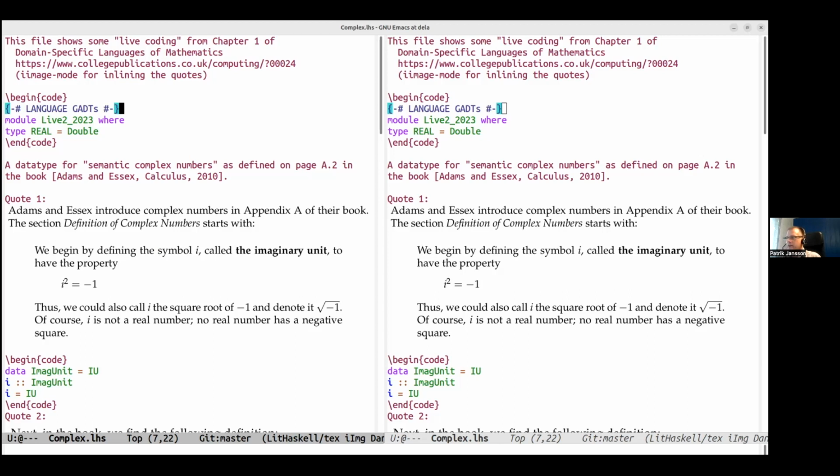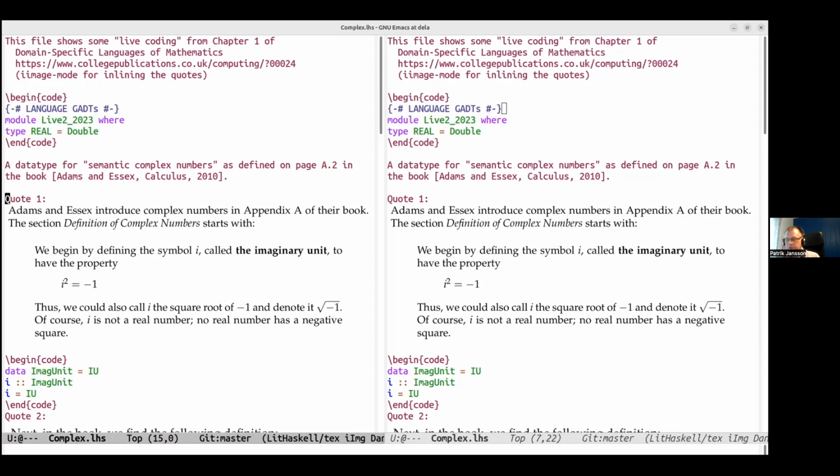I'm trying to find anything which seems strange and trying to really read every letter and find out what it means. So the first quote here, and the aim of this is to introduce some Haskell and some coding, and after half of this appendix of complex numbers, we will get to implementing a domain-specific language for complex numbers.